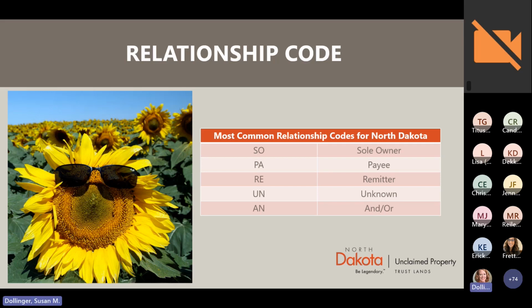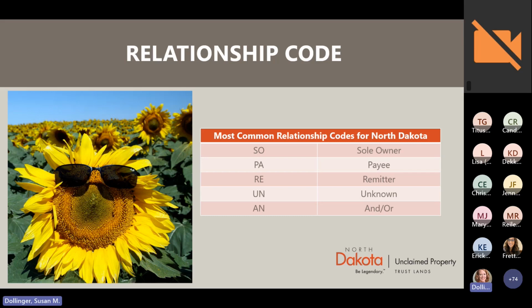If you are an institution that reports cashier's checks or money orders or other similar written instruments, these are multiple owner properties and should be reported with both the remitter and the payee as owners. So the individual who is the payee would have a relationship code of PA, and the remitter would have a relationship code of RE.